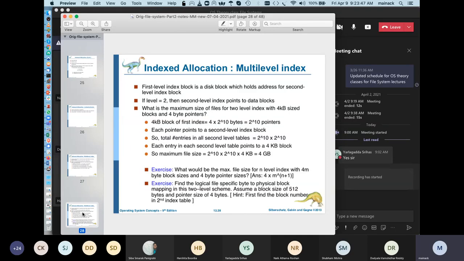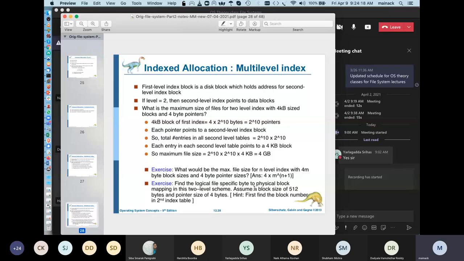The first question is the generalized expression for maximum file size when we have n-level index, 4M byte blocks and 4 byte pointers. For n-level index, not here where n equal to 2, with 4M byte block sizes and 4 byte pointer sizes. So the answer is 4 multiplied by M to the power n plus 1, but see whether you can actually come to this expression.